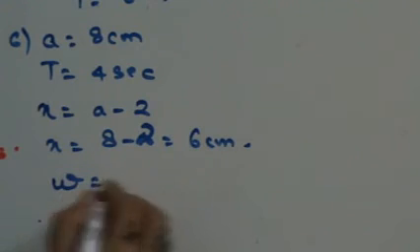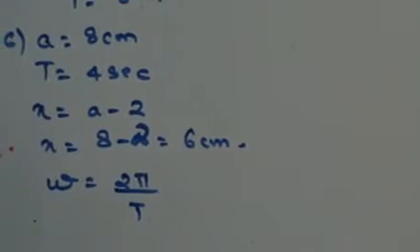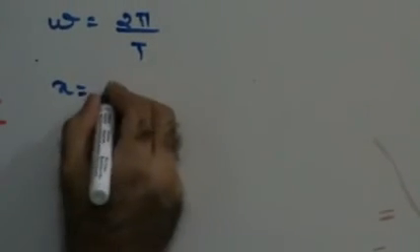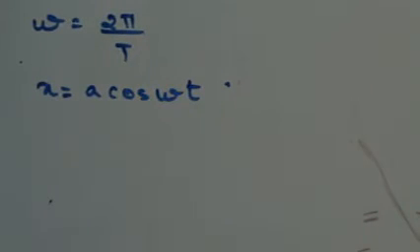First of all, I can say omega is nothing but 2 pi upon T. T I know, so I will come to know the value of omega. Once I know the value of omega, I can use the formula for displacement. Displacement is equal to A sin omega t when the particle starts from mean position. We have done this derivation.